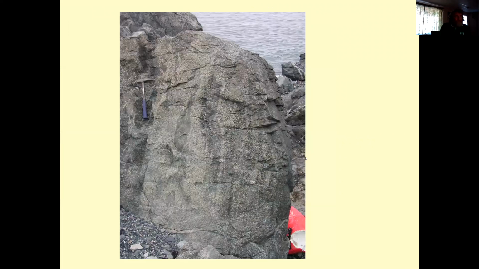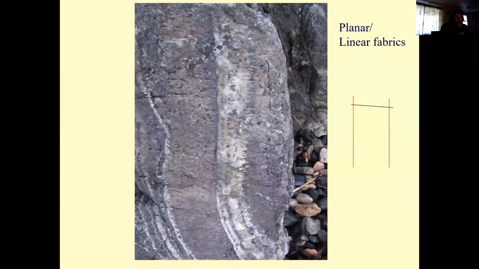So if you get your eye on this, you'll see, yes, there are the bounding planar features, but there's growth perpendicular to the walls. You can see here that there are planar structures. If you follow the cursor down, hopefully you can. There's a planar feature going diagonally across the outcrop here. But at right angles to those planar features are these linear structures.